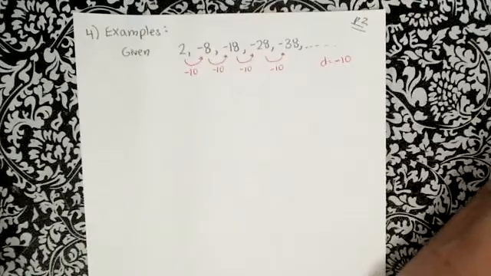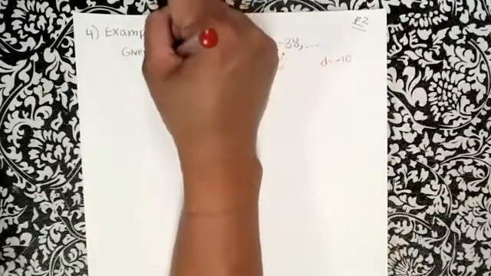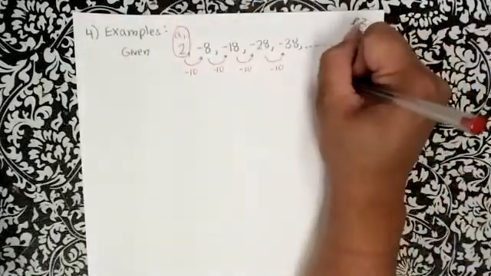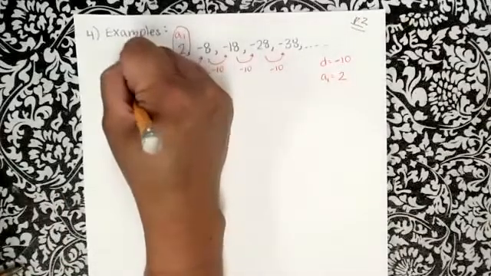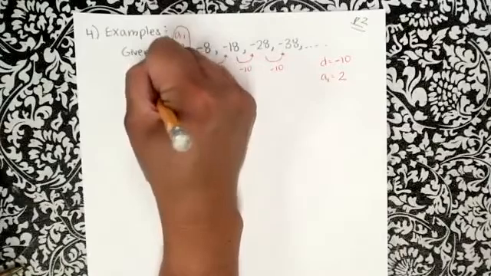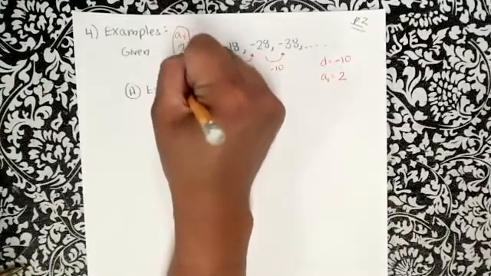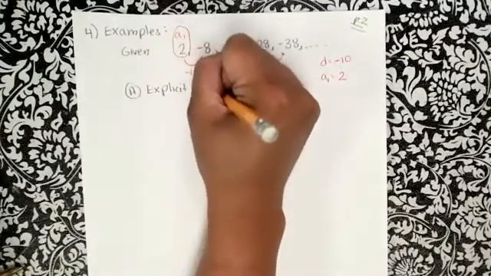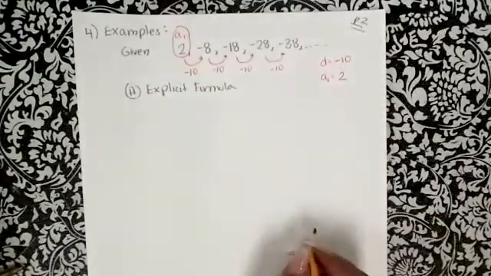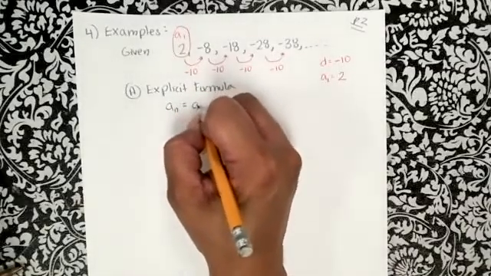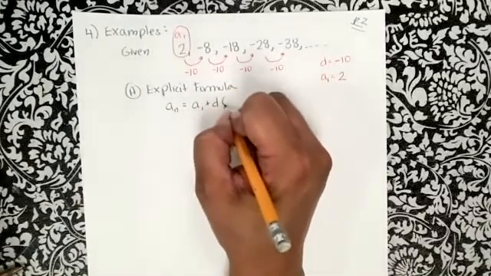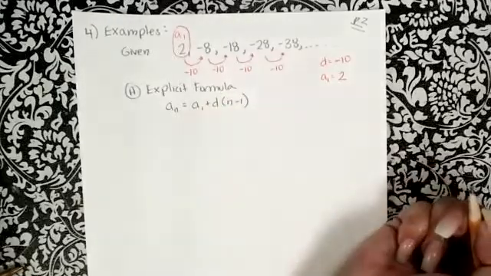Now your A1 is your first term. A1 is going to equal 2 in this case. So first, I want to find out what the explicit formula is. And the explicit formula has this equation, A n equals A1 plus D times n minus 1.